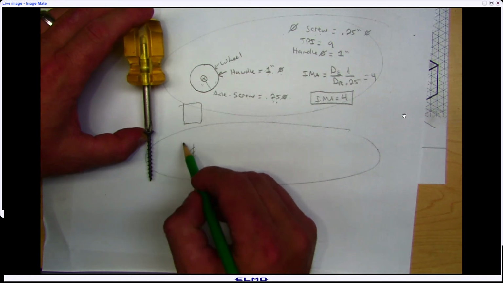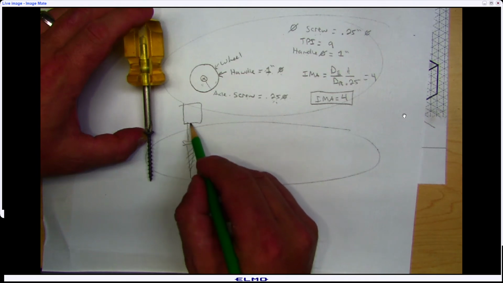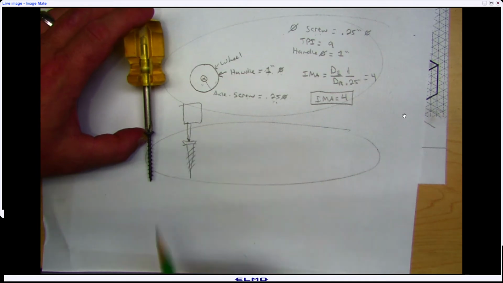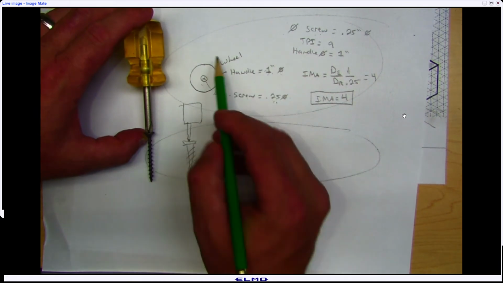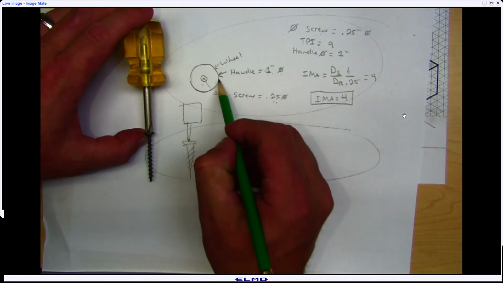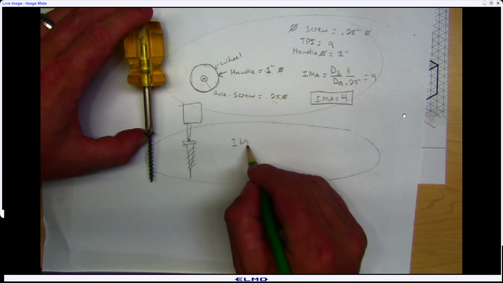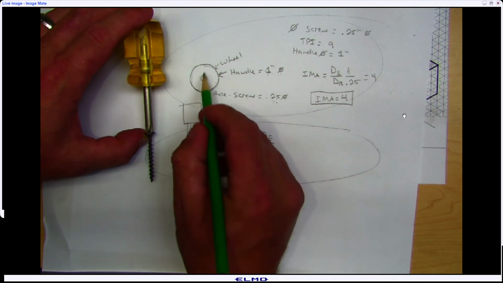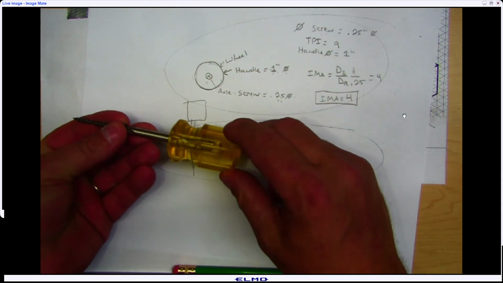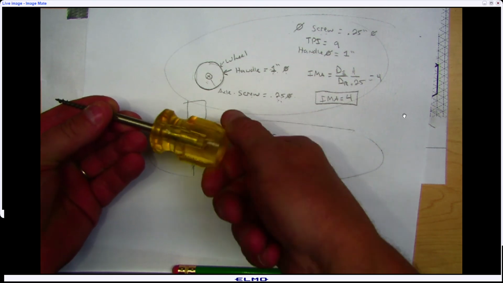Say this is the handle, there's the top of it, and my drive fits right into the top there. Every time I rotate my handle, remember my distance of effort, my DE, is the full circumference. I'm rotating this one full turn.